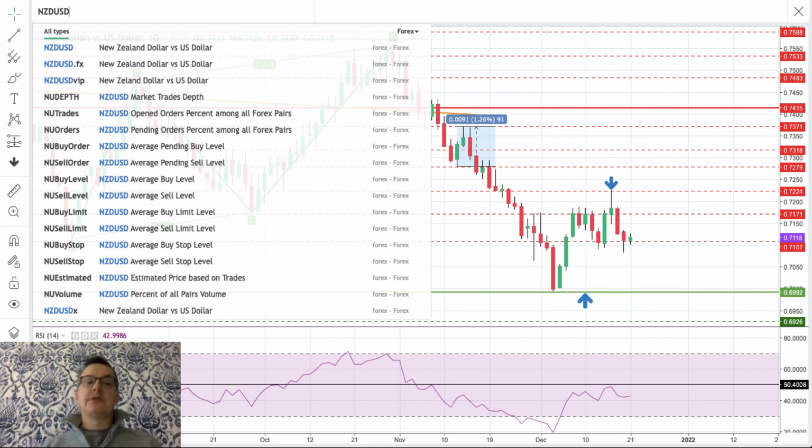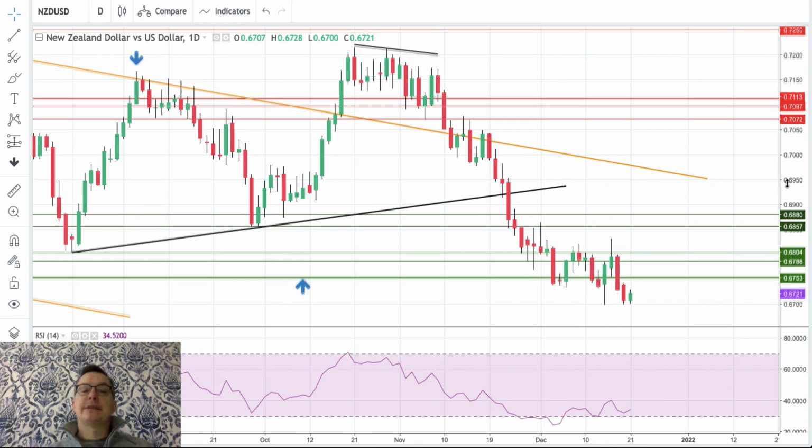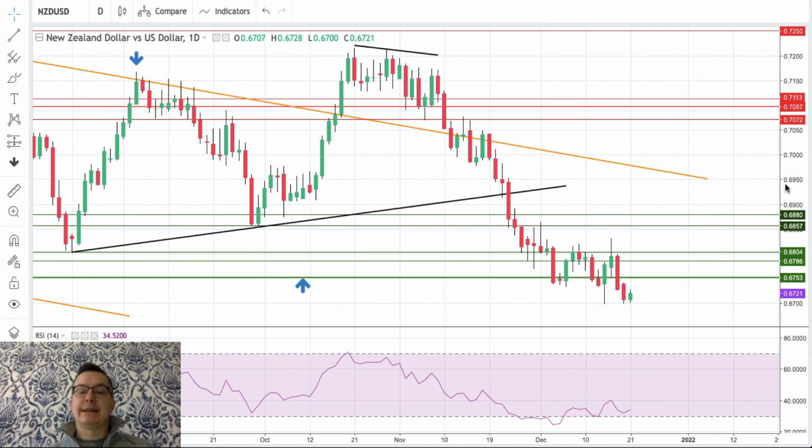Let's take a look at the New Zealand dollar as well. Why not? New Zealand dollar outlook on the daily time frame chart looks bearish. The reason is that every time we have a bounce, even after the key technical support 6,753, even then the daily time frame candlestick is still full of upper wicks, and the recent low was made at the level of 6,698.